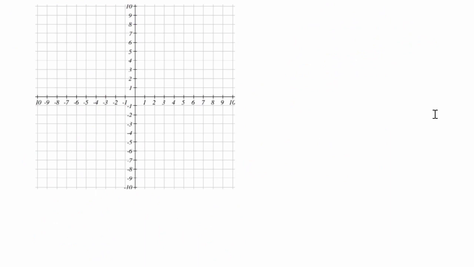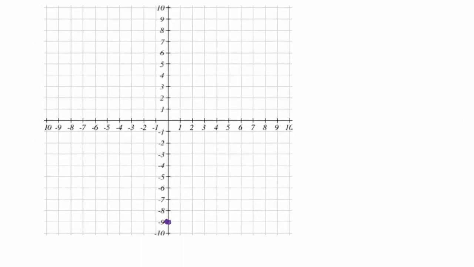Again, the vertex was 0, negative 9. So there we go, we're going to put that there. Then we have an x-intercept at 3 halves, 0, which is 1.5, 0, and another x-intercept at negative 3 halves, 0.